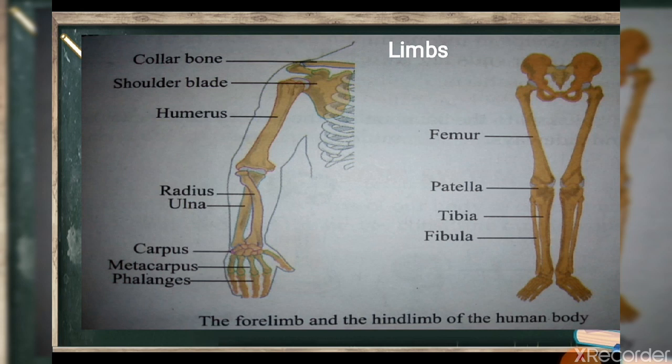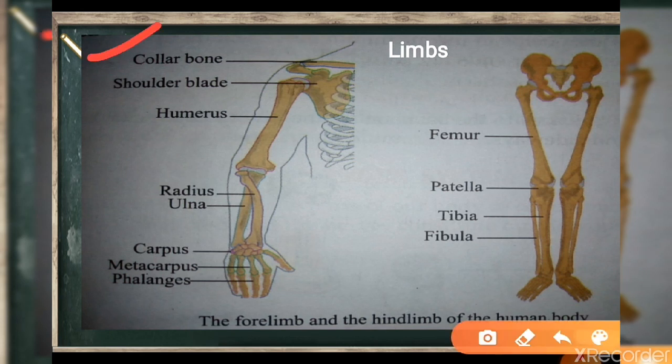The forelimbs, our arms, are joined to the spine with the help of the shoulder girdle, which is made up of a pair of shoulder blades and a pair of collar bones. As you can see, these are the collar bones, these are the shoulder blades.